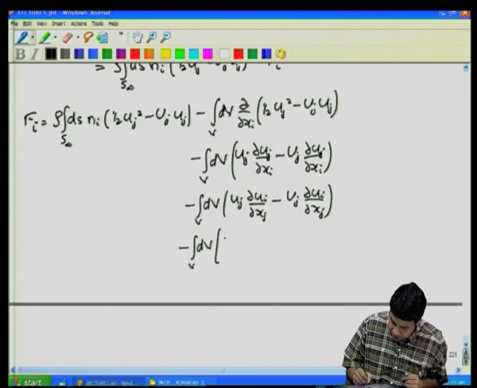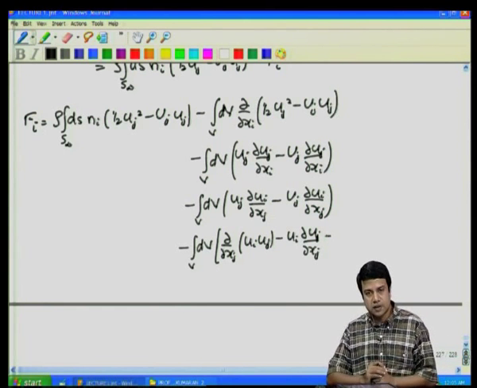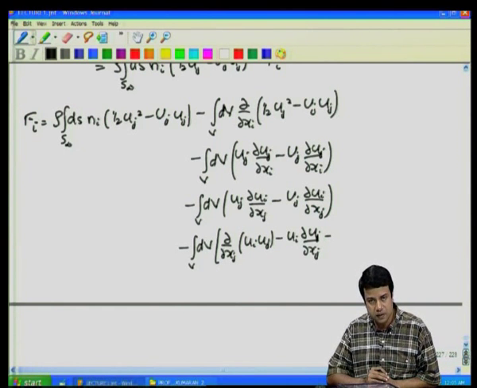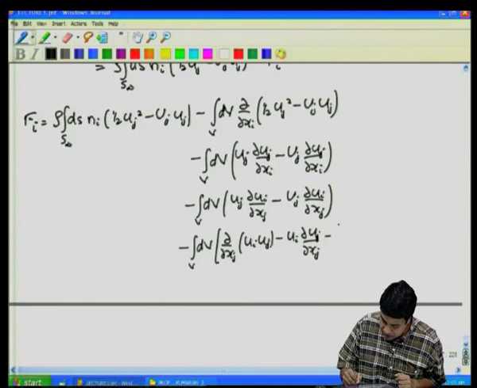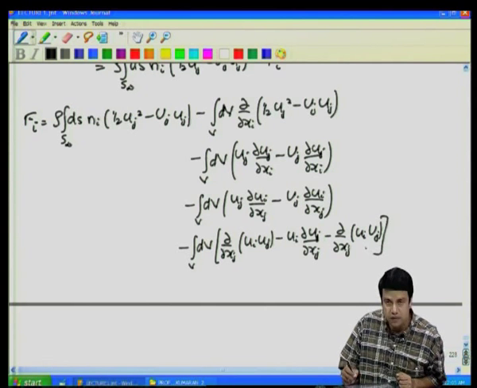I can write the first term as partial by partial xj of ui uj minus ui partial uj by partial xj. In the second term, since capital Uj is a constant, I can write this as partial by partial xj of ui times capital Uj.